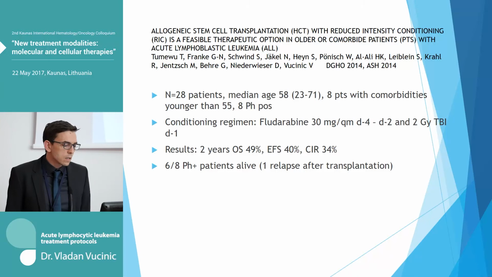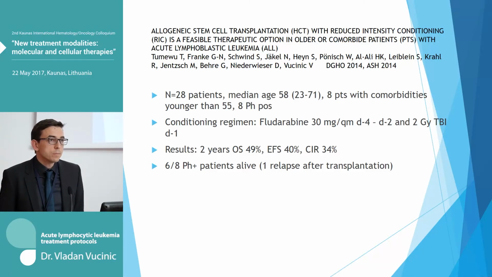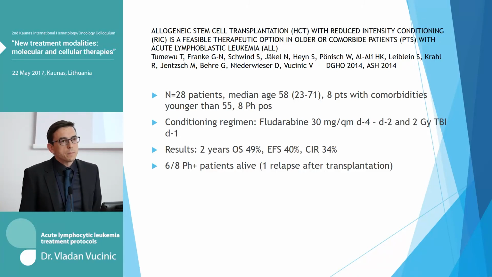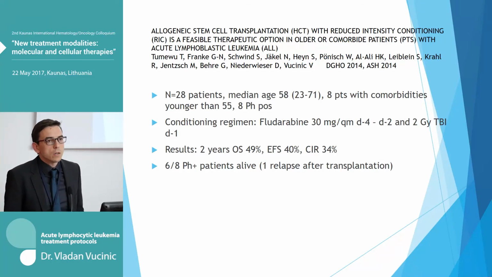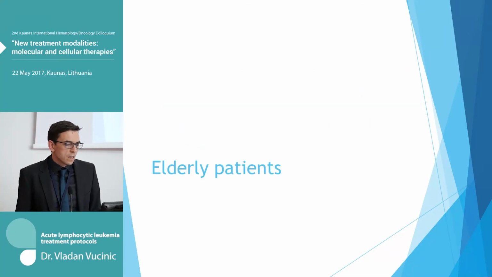In this quite heavy pretreated and very ill population, we had 2-year overall survival of 49%, and interestingly, the patients with Philadelphia chromosome positive ALL, most of them are still alive now and without the signs of the disease.